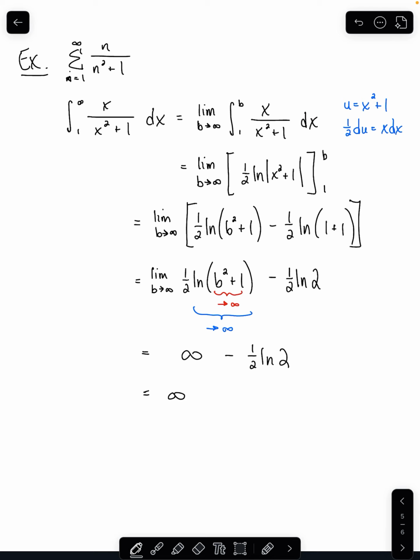So this whole thing equals infinity. What this means is the integral diverges. And by the rules of the integral test, thus the series diverges as well.